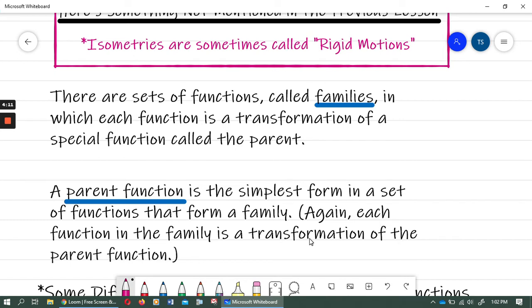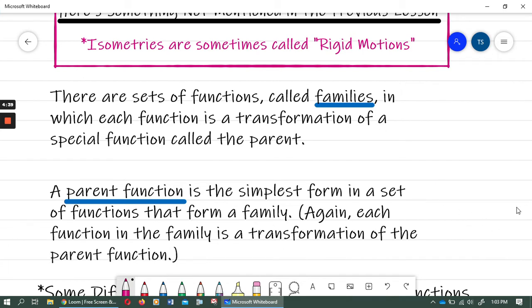And again, guys, each function in that family is a transformation of the parent function. It's the same way that, with humans, you expect offspring or children to resemble or look like their parents. You expect children to look like and resemble their biological parents.